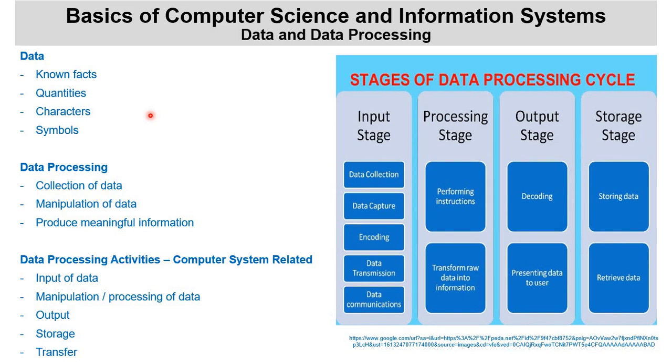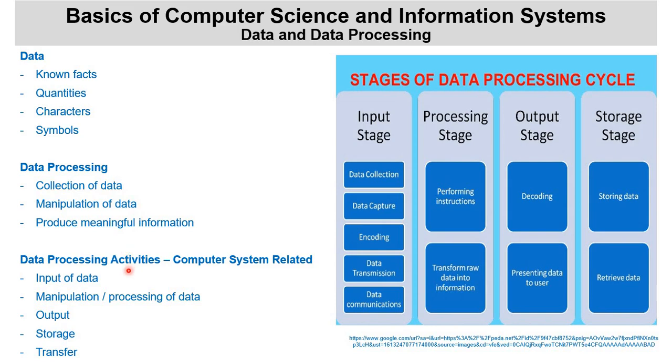If you say January, it's just data. But it doesn't make sense unless someone processes it in a way after collecting it and then manipulates it in order to give some meaningful information. This is what we will see a lot in computers and the science of computing.